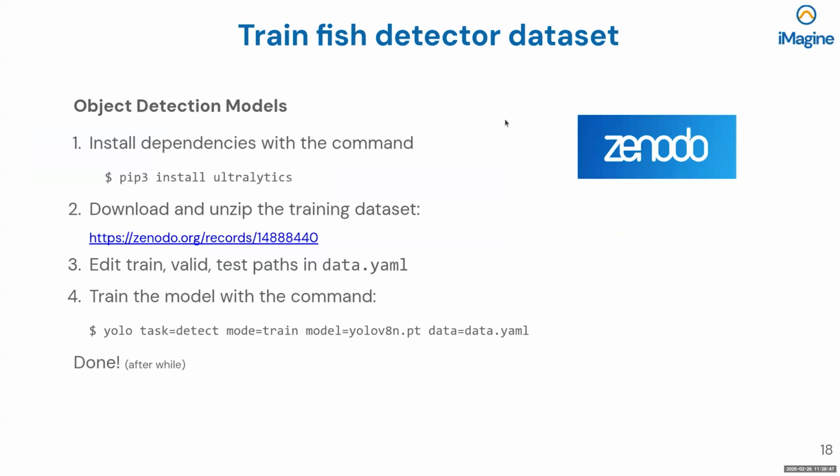You will need to edit the configuration file to put the paths to the data that you downloaded, just the path to the zip file. And with this command, yolo task=detect mode=train, you will train your own model with our data. So you should get the same results. If anyone wants to try, here are the steps on how to train the model with our data.